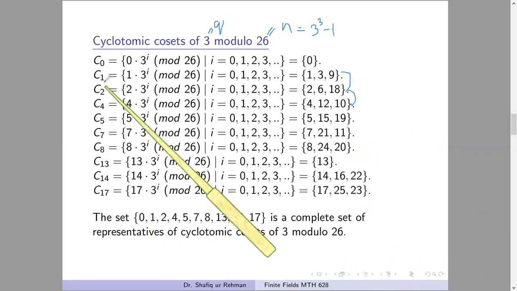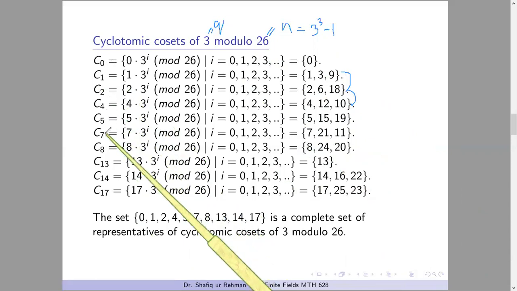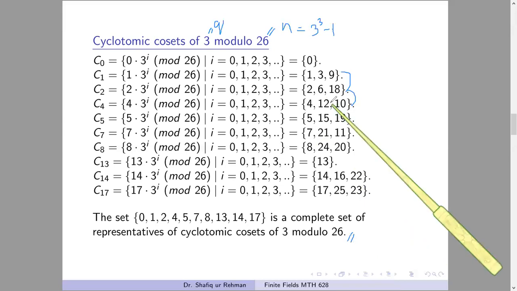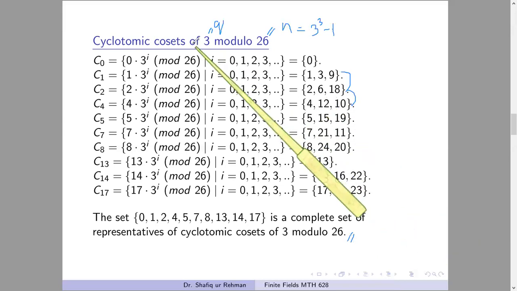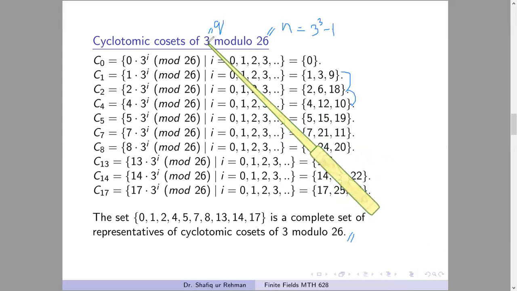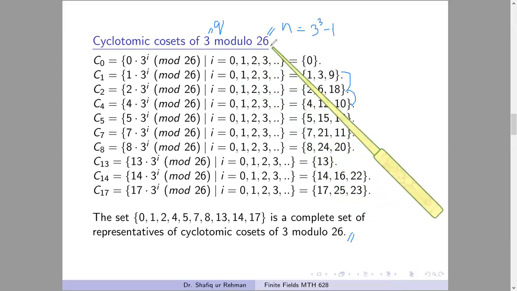So this set, that is 0, 1, 2, 4, 5, 7, 8, 13, 14 and 17, is a complete set of representatives of cyclotomic cosets of 3 modulo 26. I hope you understand how to find the cyclotomic cosets of some number q modulo n.